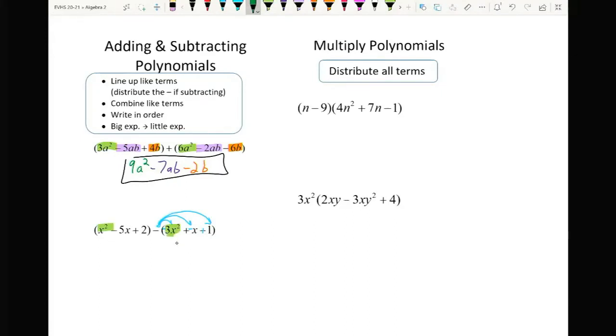Now, x squared minus 3x squared is negative 2x squared. Now we've got a negative 5x and a negative x, and that's going to be a negative 6x. And our final one is a 2 and a positive 1, comes out to a plus 3.